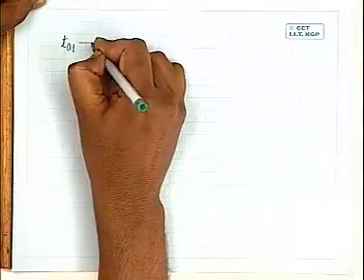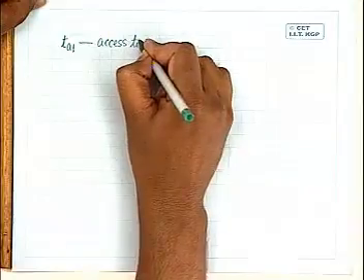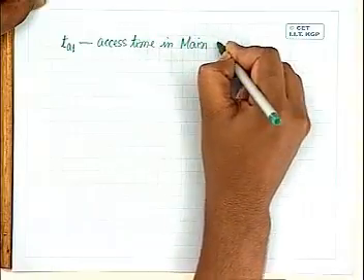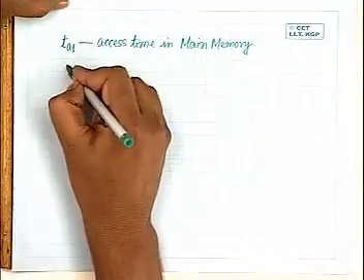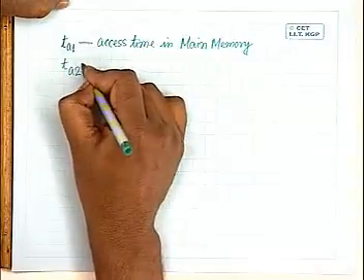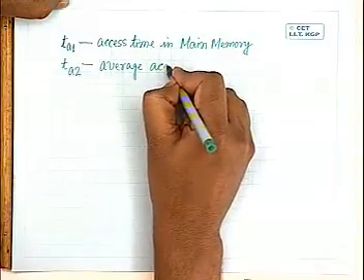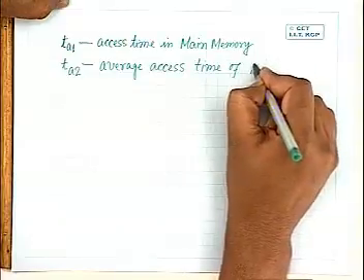Okay. So, if we say that we have two kinds of access times, I will say that TA1 is the access time of a location in main memory, and suppose TA2 is the average access time of secondary storage or disk.